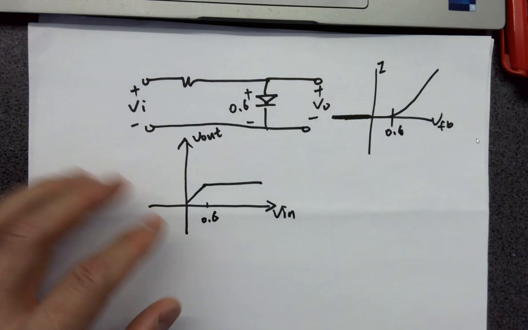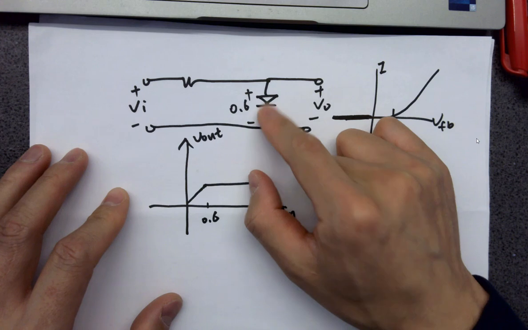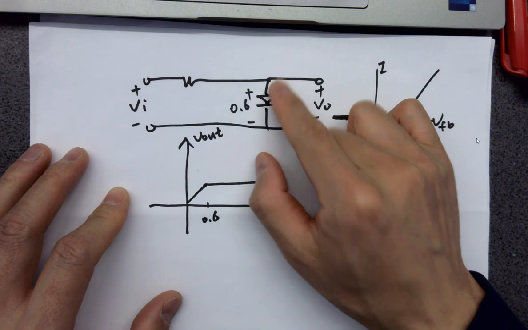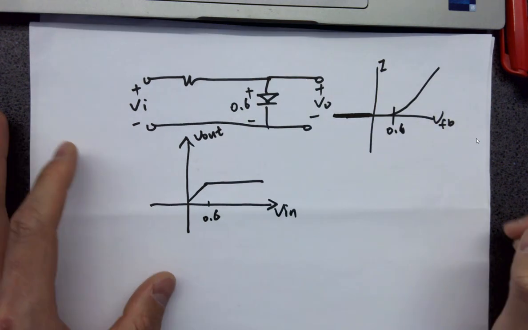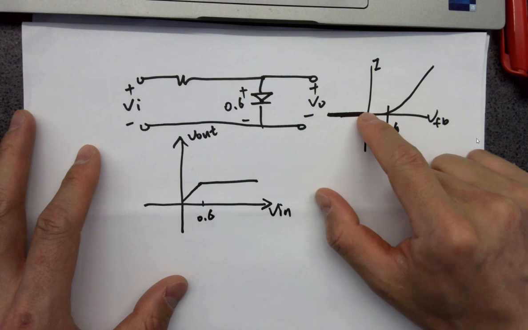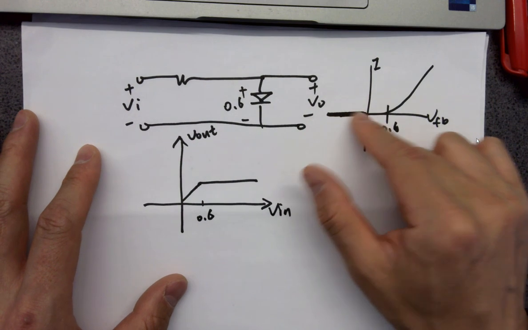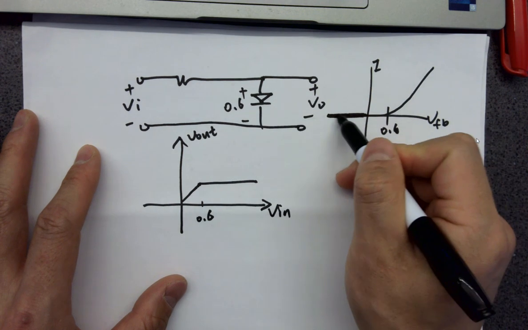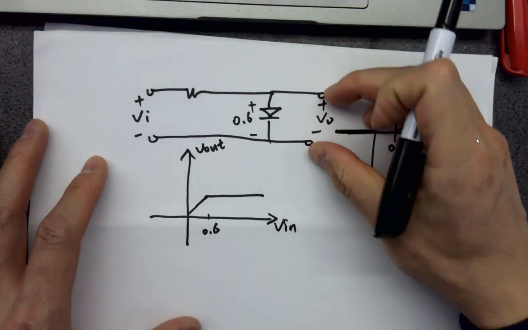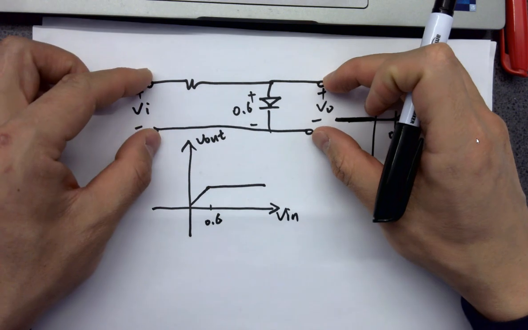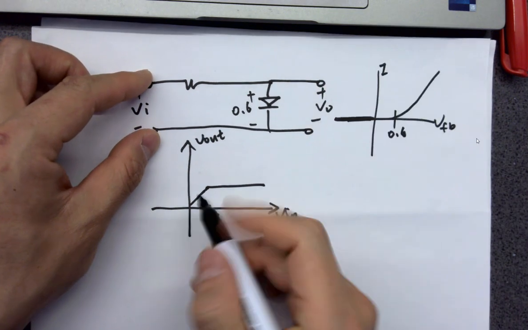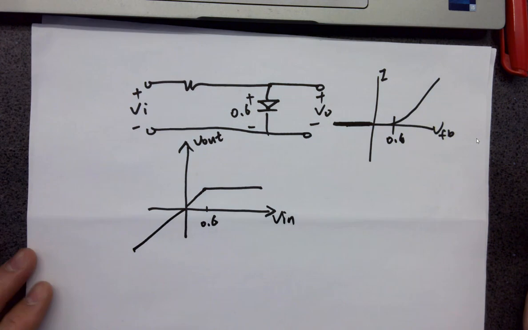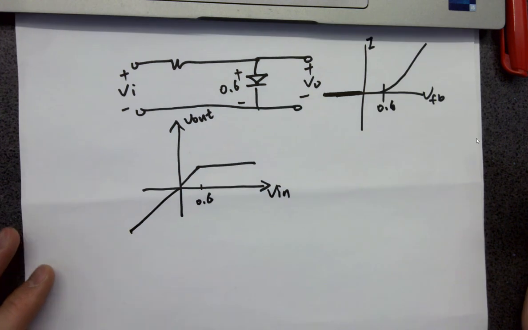But for regular diodes, if you reverse break them down, you cannot recover them. They're damaged, so we assume we don't give a huge voltage in reverse. For the negative voltage over here, V out is going to duplicate the voltage because there's no current, no voltage drop. So eventually it's a linear curve. Does that make sense?